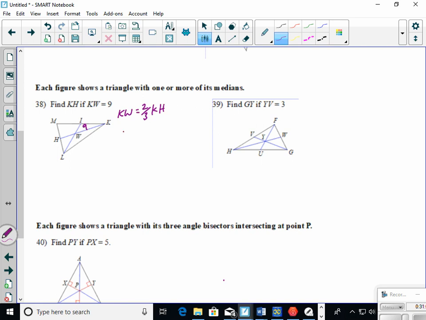So then plug in our 9 for KW and divide by 2/3 to get the KH by itself, which will be the same thing as multiplying by its reciprocal, 3/2. So we're going to have 27/2 equals KH, or that would be what, 13.5?